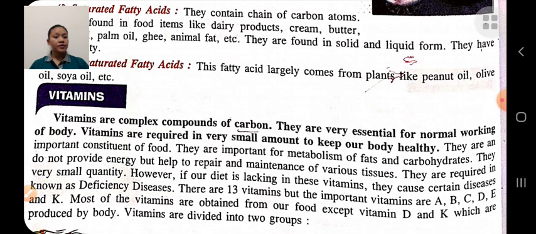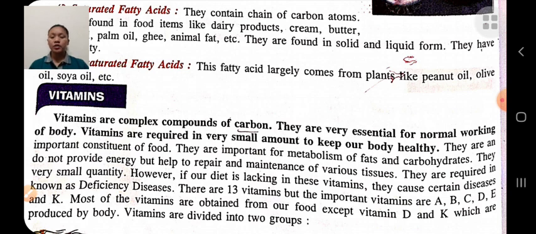There are 13 vitamins, but the important vitamins are vitamin A, B, C, D and K. Most of the vitamins are obtained from food except vitamin D and K, which are produced by the body. Vitamin D we get from the sunlight.